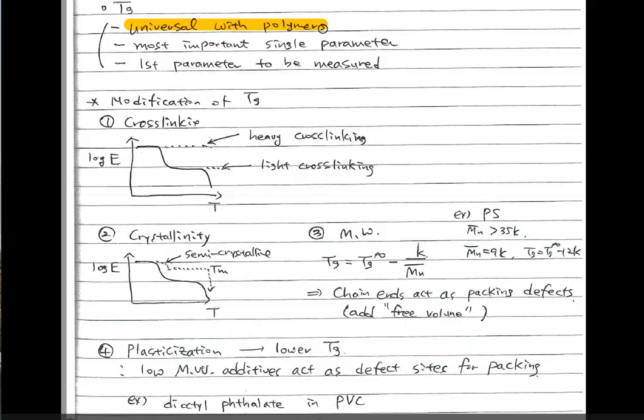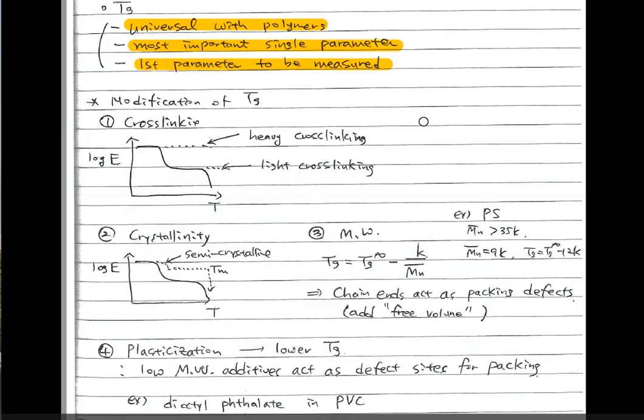Also, other than polymers, some other amorphous materials, including inorganic materials, also have Tg. So it is the most important single parameter that you first measure when you have a specific polymer sample. That's why we learned how to do the DSC measurement.